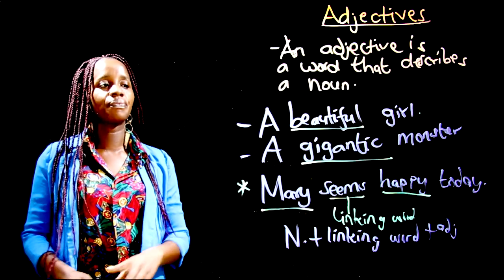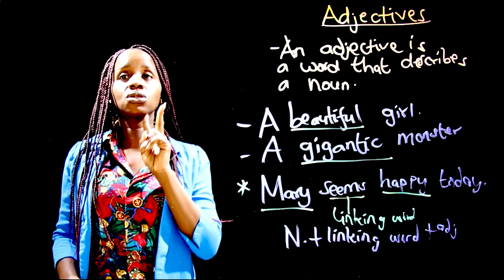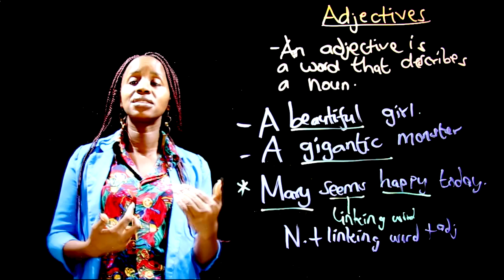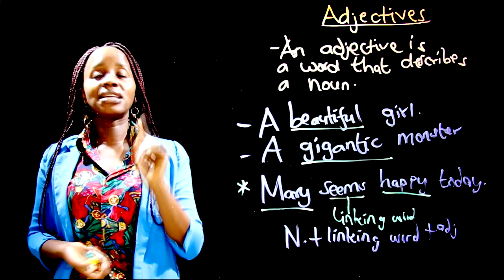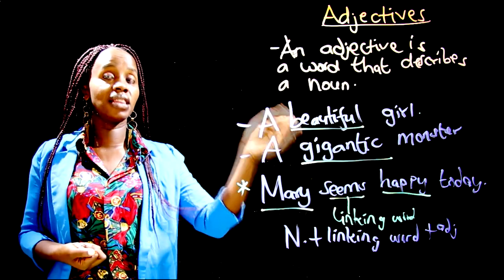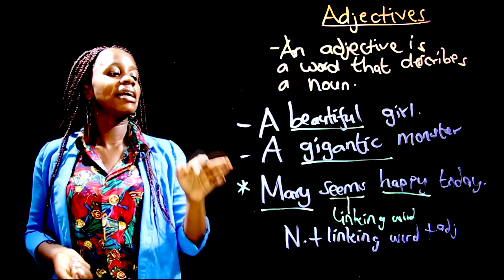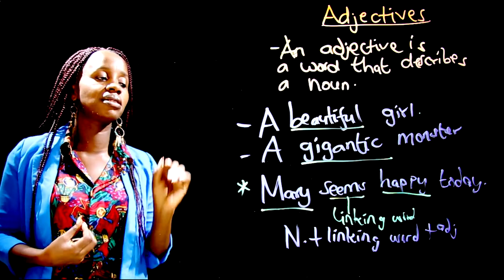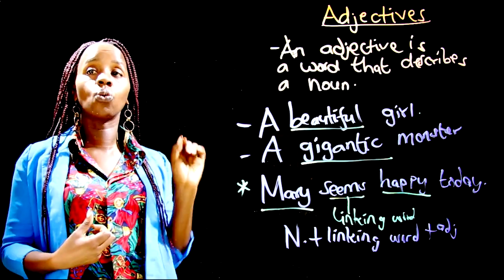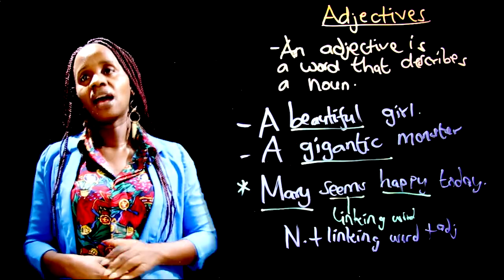So my dear one, an adjective can come in two forms, or it can be written in two ways. One, the one that comes before the noun, okay? Then the second one comes after the noun, but usually we must use a linking word or a linking verb before using the adjective.